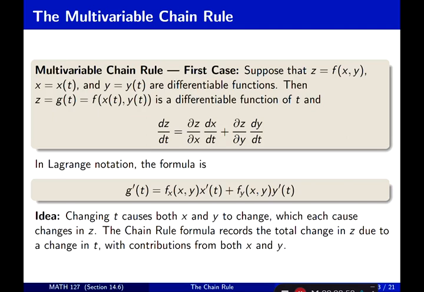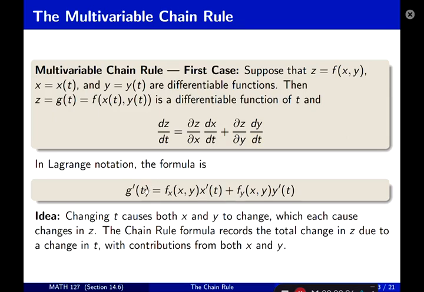Then z equals g of t, that is f of x of t and y of t, is a differentiable function of t, and the derivative of z with respect to t, it's not a partial because z is a function of one variable, is equal to the partial of z with respect to x times the derivative of x with respect to t, plus the partial of z with respect to y times the derivative of y with respect to t.